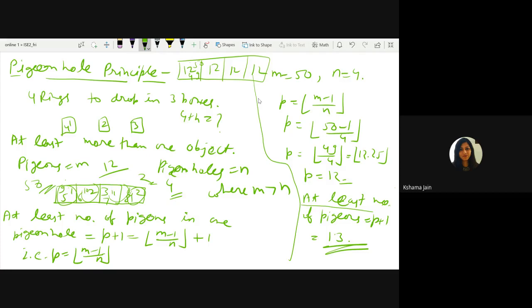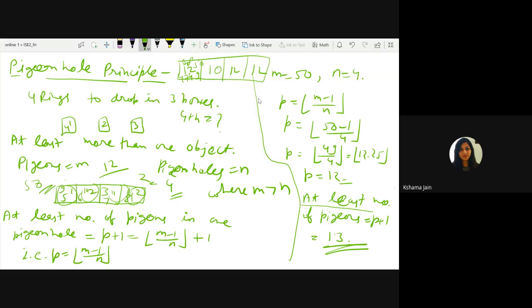It's not necessary that all have 12. I could put 10 here and the other 2 also here. Lots of combinations and permutations are possible.